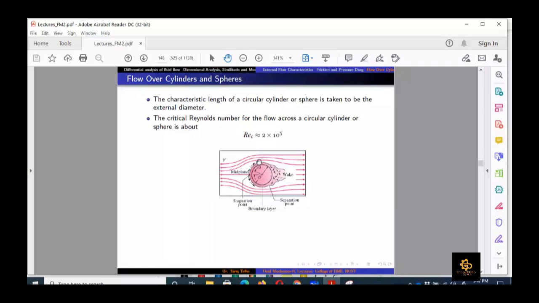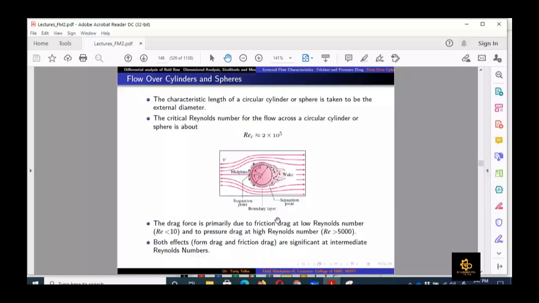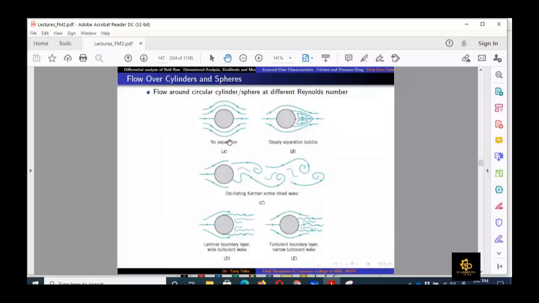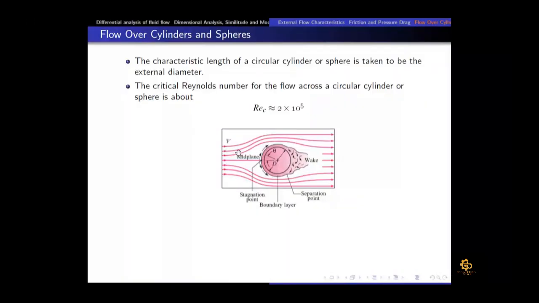When the flow velocity is very low, which was the case in figure A, we call it creeping flow, and in that case the flow would remain attached on the backside, and the predominant drag component would be friction drag.